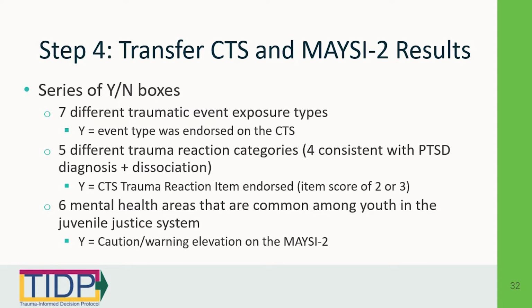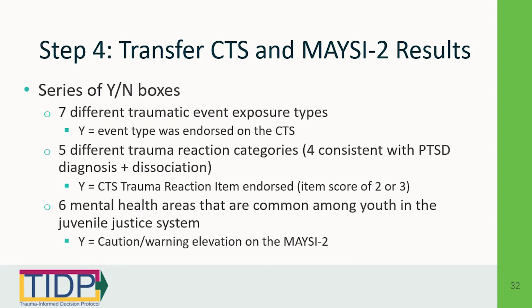And 4 of those categories are consistent with the different types of trauma reactions that are utilized to form a post-traumatic stress disorder diagnosis, plus the additional trauma reaction of dissociation.